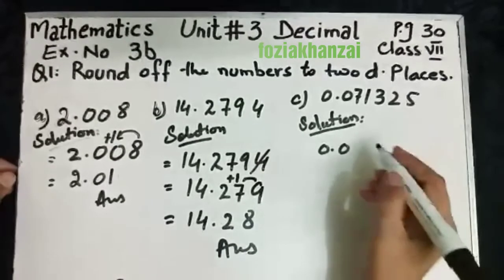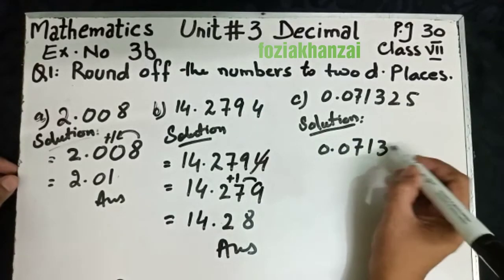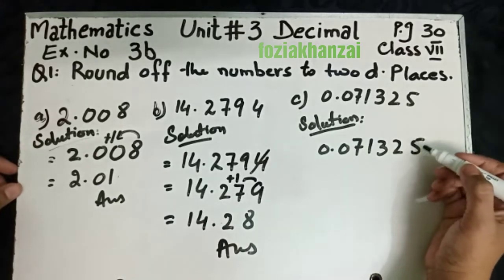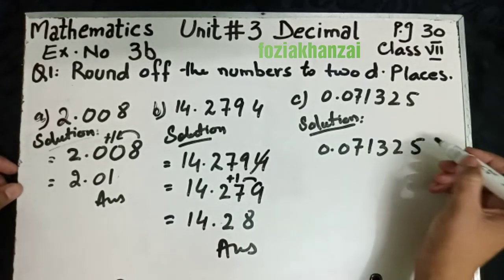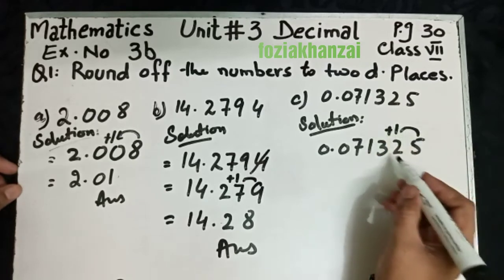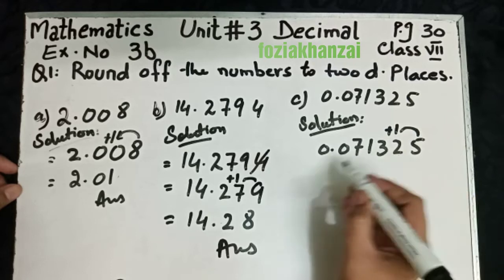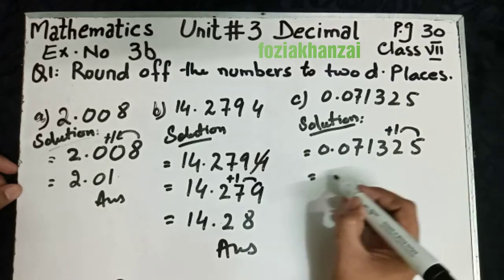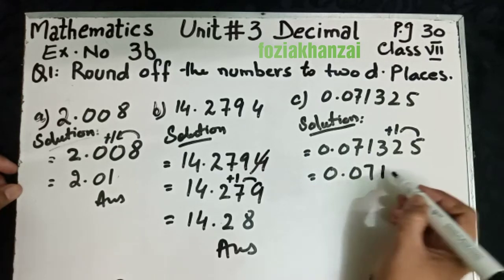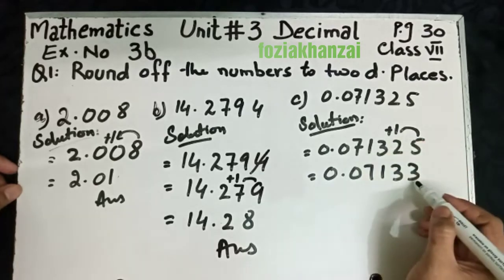Part C, 0.071325. In this part the last digit is 5, so we add plus 1 to the previous number. The previous number is 2. So in the second step we write it like this: 0.07133. 2 plus 1 is 3.